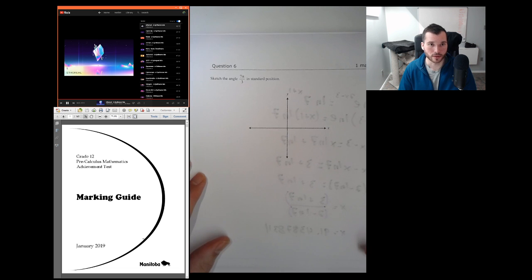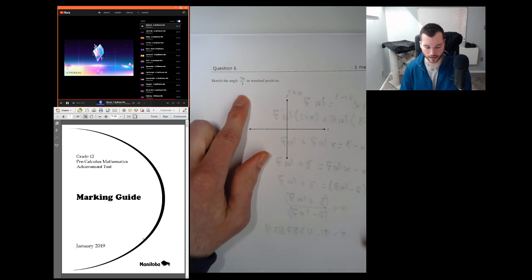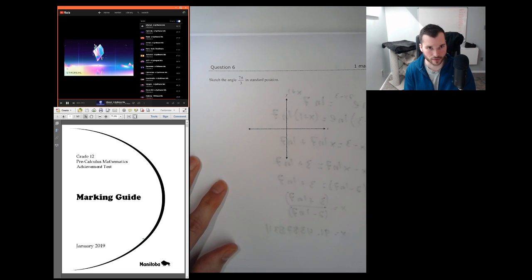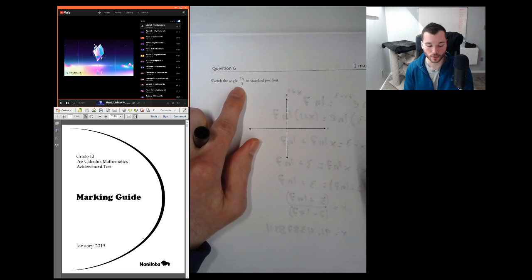Okay, powering along here. Sketch the angle 7 pi by 3 in standard position. So standard position, we start from the positive x-axis and rotate counterclockwise or clockwise, doesn't matter. We just have to start from the positive x-axis. I know that this is over 2 pi, right?